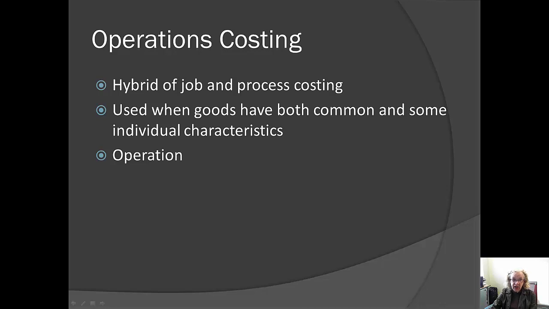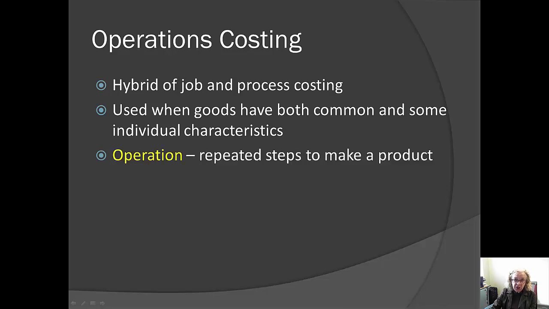The last thing in this chapter that I wanted to mention is something called operations costing. It's simply a hybrid of job order costing and process costing, and it's used in manufacturing firms in which there are some characteristics that are like process, the same thing happening over and over and over again, and some characteristics that are more like job costing, where things are very specific.